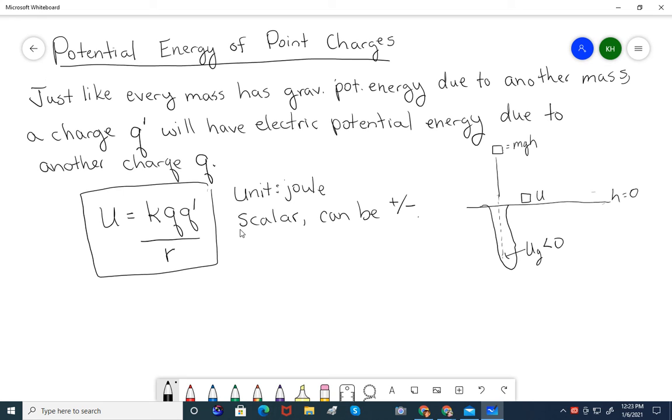This one has gravitational potential energy of 0. This one's going to have positive gravitational potential energy, and this is actually going to have negative. So potential energy is a quantity that can be both positive and negative. That's different than kinetic energy, which has to be a positive quantity.